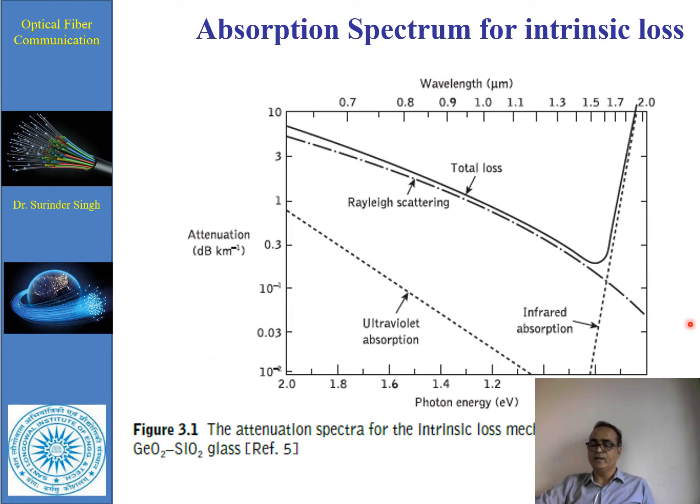Basically, the absorptions we have observed are of two categories. One is intrinsic absorption, another is extrinsic absorption. Intrinsic absorption is part of the UV absorption as well as the IR absorption. In intrinsic absorption, absolutely pure silicate glass has a little absorption due to the basic material structure near the IR region.